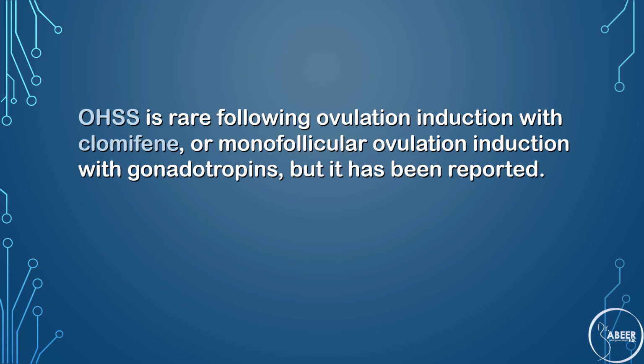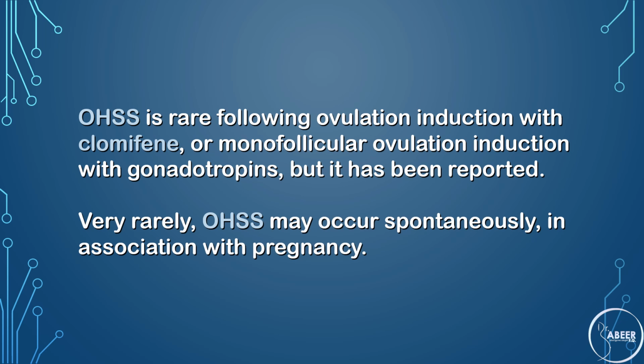Ovarian hyperstimulation syndrome is rare following ovulation induction with clomiphene or monofollicular ovulation induction with gonadotropins, but it has been reported. Very rarely, ovarian hyperstimulation syndrome may occur spontaneously in association with pregnancy.